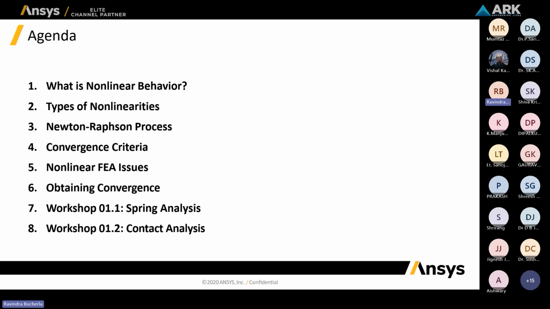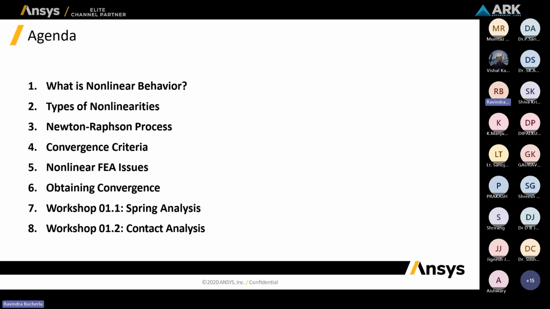First, we'll start with what are the major reasons that will cause nonlinearity to any problem that we will solve, and what are the types of nonlinearities that we will be having, and how we will use the Newton-Raphson method to solve our nonlinear problems, and basically how this nonlinear problem will converge, and if we face any issues while solving the problem, what are the different methods that we can approach to solve this convergence.